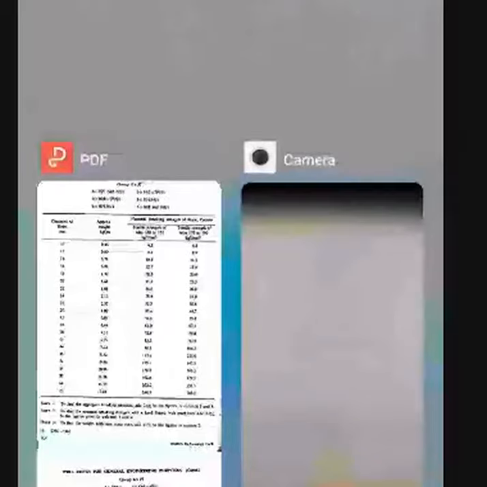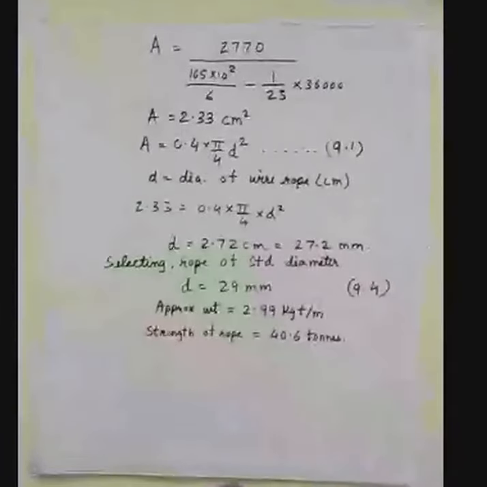Corresponding weight you have to take, and nominal breaking strength of rope in tons, the last column. Strength of rope, that is 40.6 in tons. Just read the table properly, you will be able to get all the values.